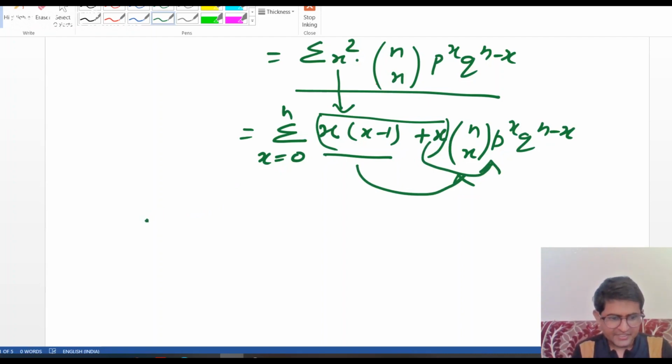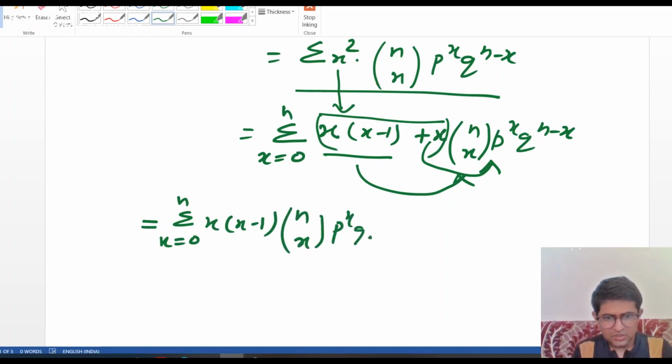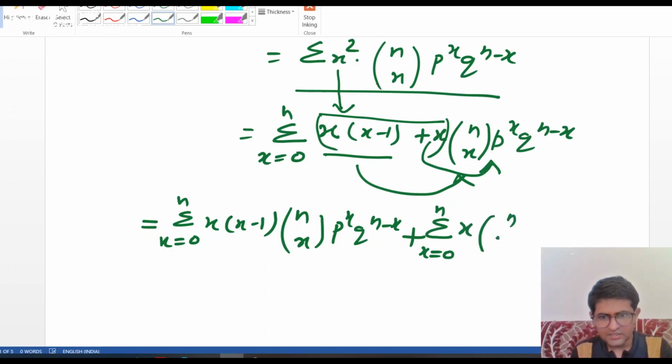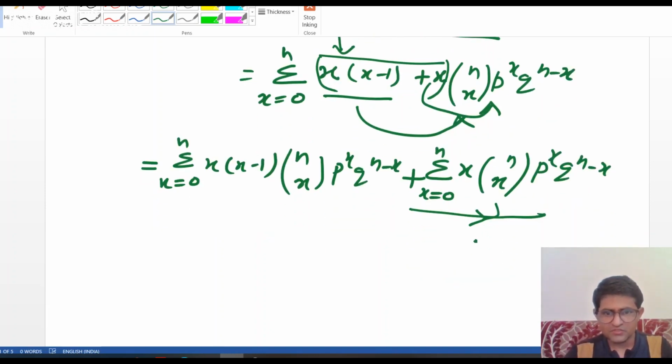We can write the summation for x equal to 0 to n of x into x minus 1 nCx p to the power x q to the power n minus x, plus the summation for x equal to 0 to n of x nCx p to the power x q to the power n minus x. This second part is the expression of mu1 dash, which in the previous lecture we calculated as n into p.